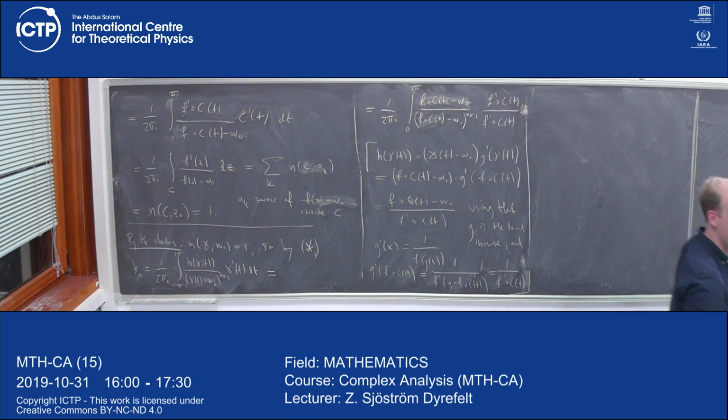Let's proceed. I think they will not cancel because it is g prime of gamma of t. It's not g of gamma of t prime. I mean in h of gamma of t.